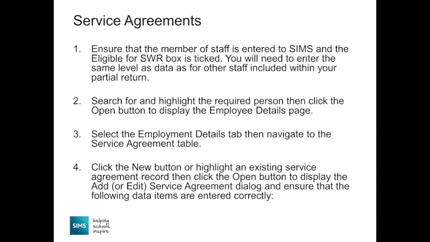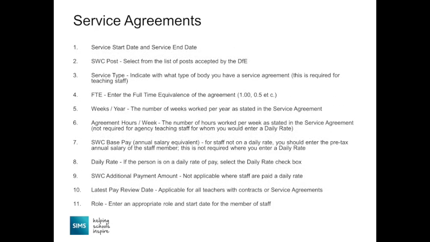There it all is. The start date and end date of the service, the SWC post which this is mapped to, the service type, the full-time equivalents, the weeks per year, the hours per week that they work with you, the base pay in terms of annual salary equivalent, the daily rate if this person's on a daily rate of pay, and if you're paying them an additional payment, then you've got to record that.